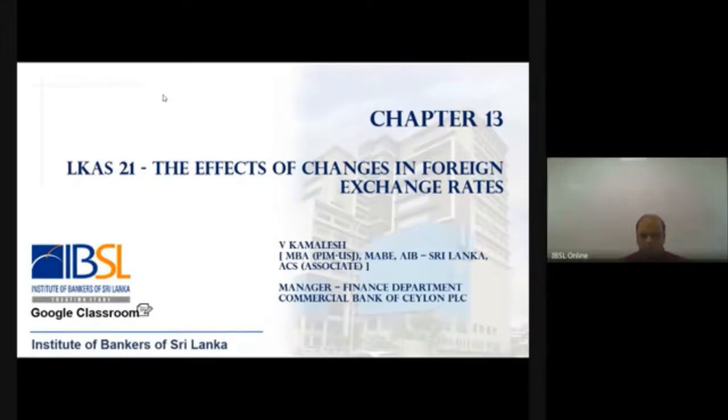Similarly, you have deposits, maybe from non-residents, it could be from people who are working abroad. So there could be a lot of instances where you might open foreign currency denominated deposits. So all these foreign currency deposits and advances are subject to changes in exchange rates.